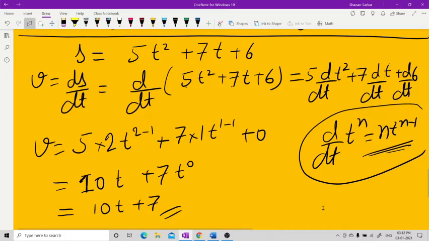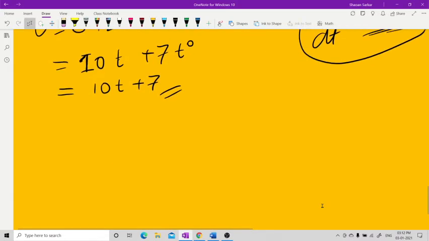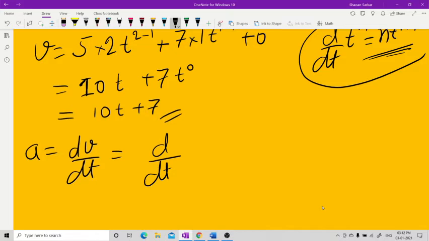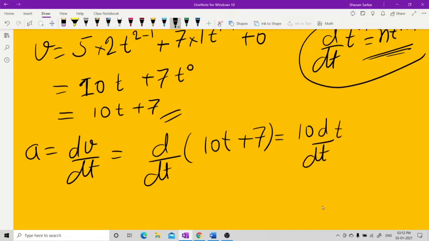The next. Now I want to find acceleration. Acceleration is dv by dt. Now I will use this same d by dt of 10t plus 7. 10 is a constant, take it out: d by dt of t plus d by dt of 7.